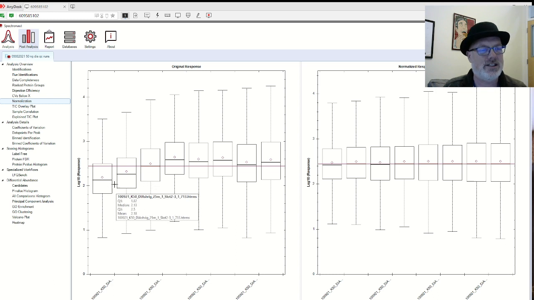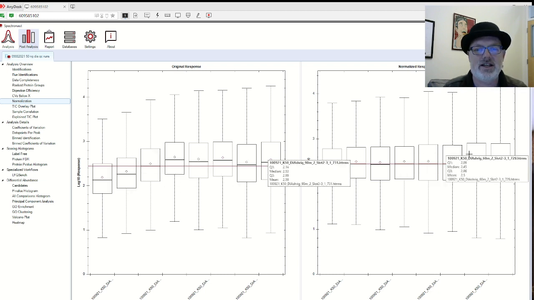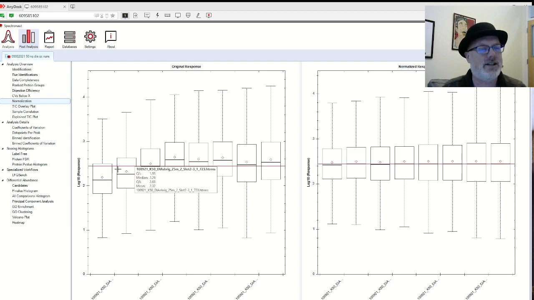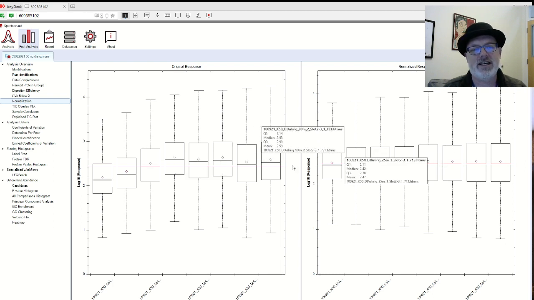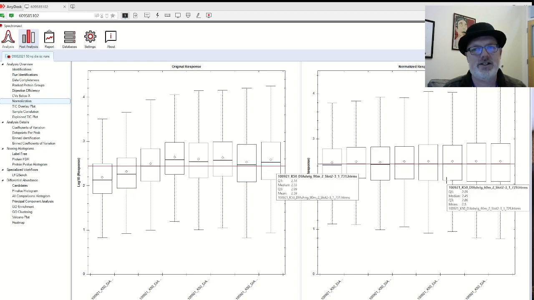So for example, you could see how the 25-minute runs have an overall lesser response than the 45s, and the 60s kind of level out with the 90. And you kind of expect this because we're pushing things a lot quicker. You're not going to have as much time to measure the signal, maybe. That might be one reason. I'll have to think about this more. This is complicated. Anyway, you could see the difference between the original and the normalized.